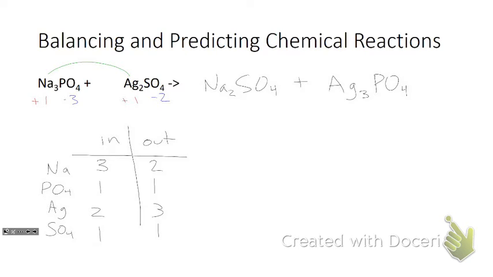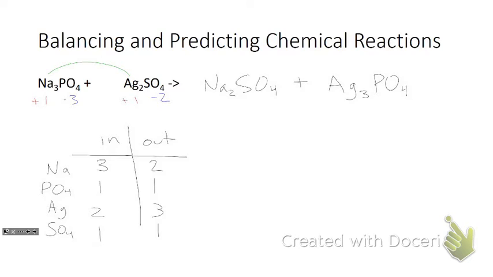So, do I need to balance my phosphates? Phosphates are happy, same with sulfates. So we need to fix our sodiums and our silvers, okay? Again, we have a 3 and a 2, and a 2 and a 3. So the lowest common multiple of 2 and 3 is 6, right?